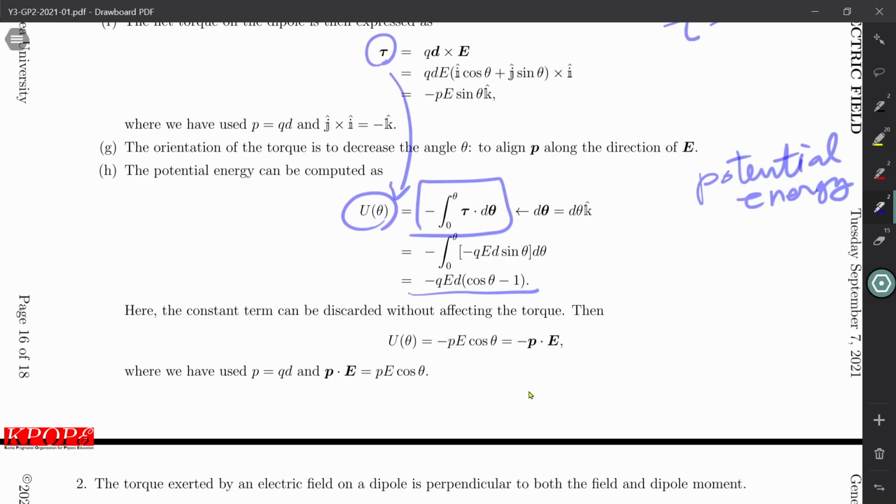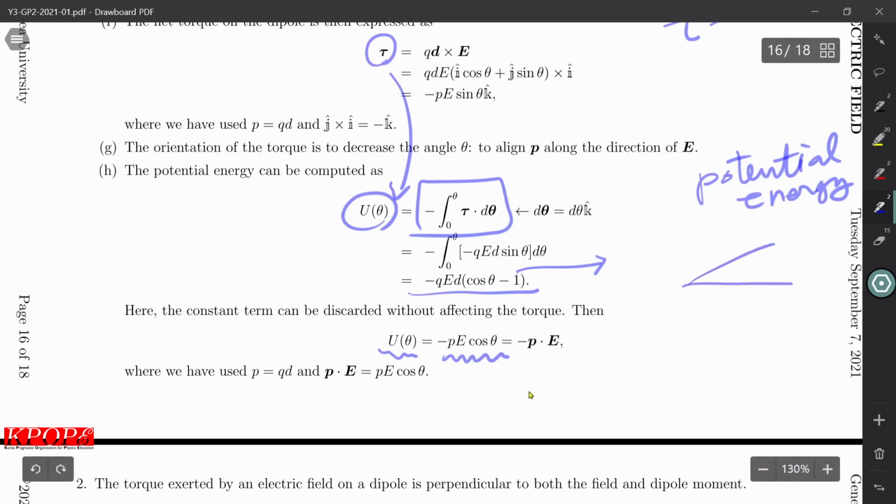And here, the constant piece does not have to be considered because in a derivative it only contributes to the torque. This constant is unnecessary. So the corresponding potential energy can be expressed as minus pE cosine theta, where angle theta is the angle between the electric field and electric dipole moment.